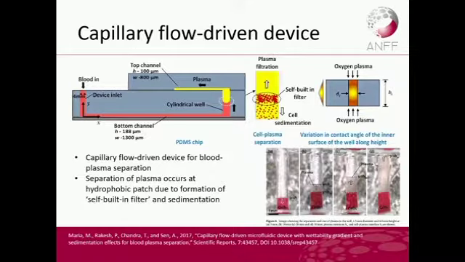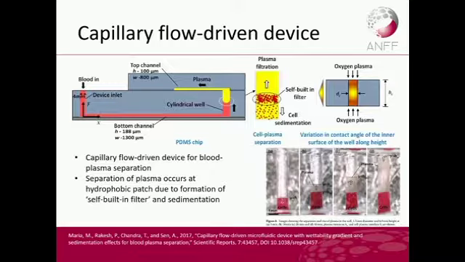This is just an example of how capillary effects and surface treatments are used in microfluidics. This device here is a blood and plasma separation device, and the key point is here. The researchers used oxygen plasma to treat both ends of this cylinder, so that the ends are hydrophilic, whereas the center is hydrophobic.